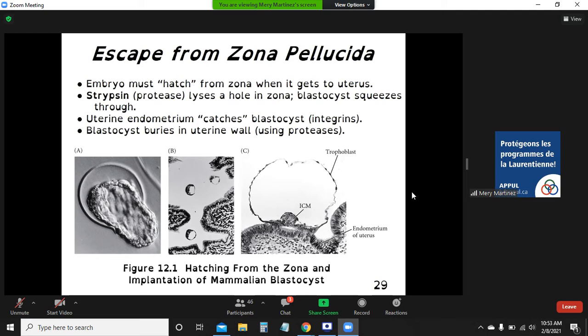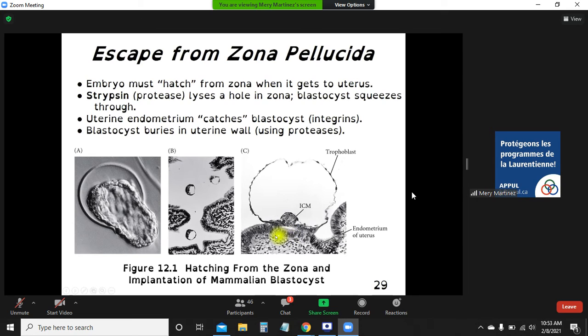Here we have the uterine wall, the endometrium, that almost catches the blastocyst on its extracellular matrix. This trophoblast all around contains some integrins. Remember, integrins are molecules for attachment, right? We saw them way at the beginning of the semester. These integrins bind to the uterine collagen, fibronectin and laminin, molecules we have seen in the past that work for adhesion of cells.